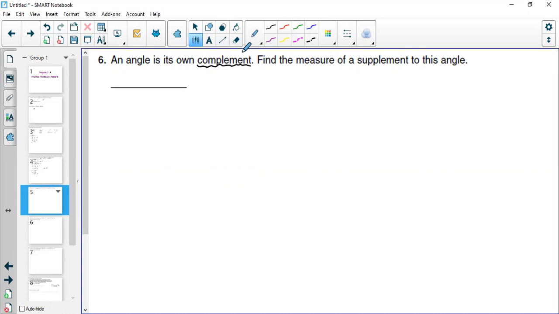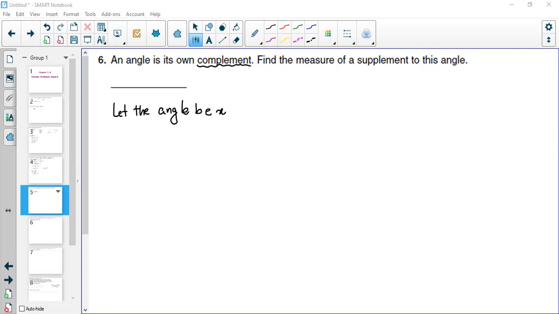First let's start by saying, let the measure of the angle be x. Okay, so once we select the angle x, that means now they're talking about its own complement.